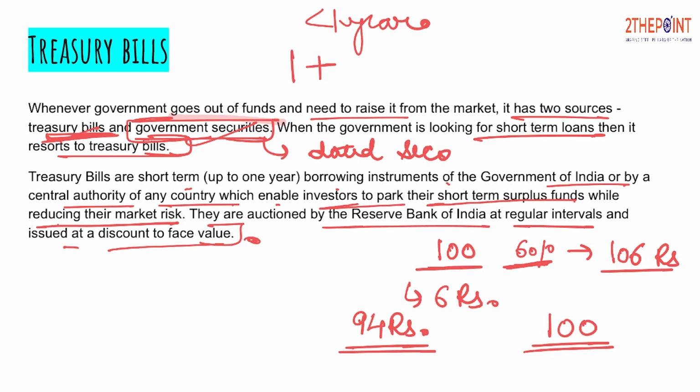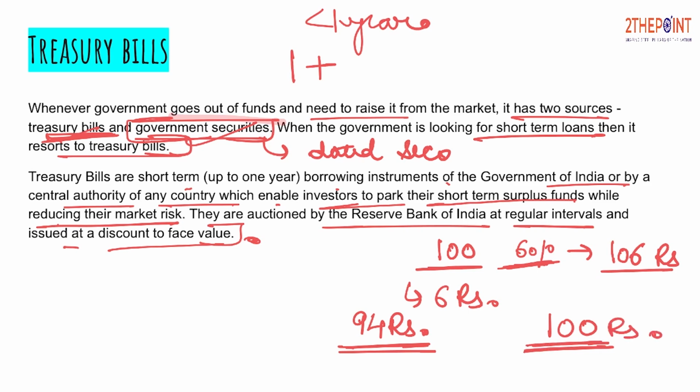So it exactly amounts to the same thing, that on 100 rupees you are getting a 6% rate of interest, that is 6 rupees. So at the time of issuing the treasury bills, the government will ask you to deposit 94 rupees per treasury bill, but what they will write is that they have issued you a bill of 100 rupees each.